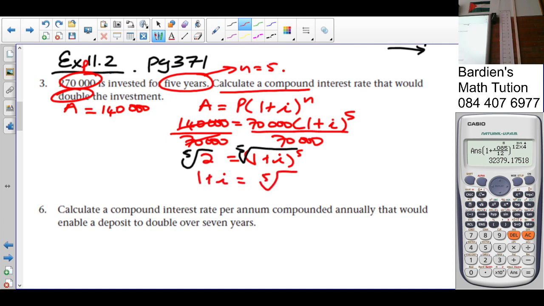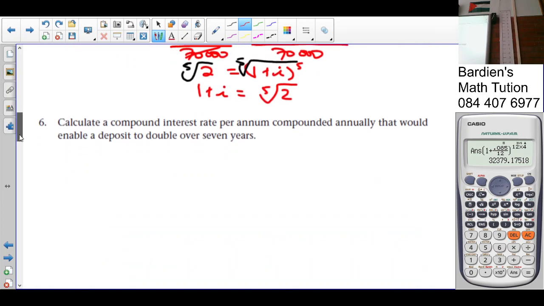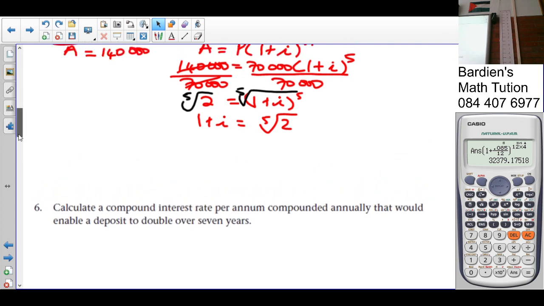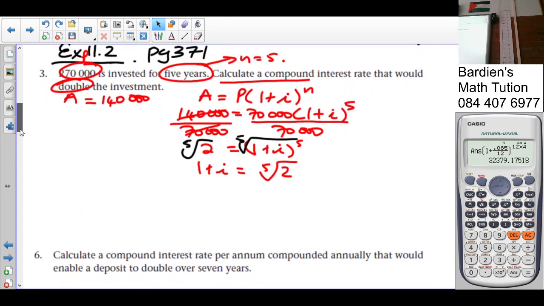I could have written that in decimal form if you like. No problem with that. What do I do thereafter? What do you do after that, people? Take the 1 over. So it becomes minus 1. So it's the fifth root of 2 minus 1. 0,148. And then what do we do now?